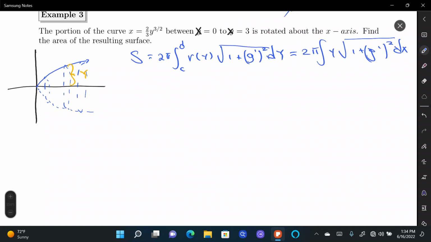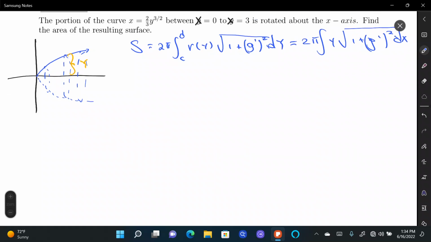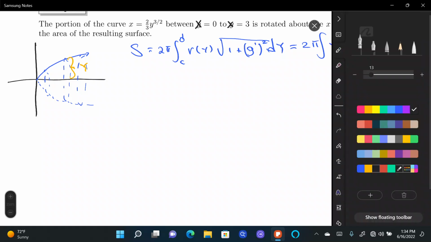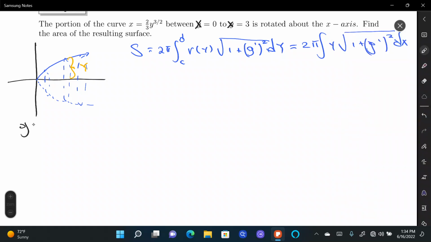Okay, so now what do we need? We need the derivative of the given function. So let me do that on the side. So of course this function x equals 2/3 y to the 3/2 is the same as saying g of y equals 2/3 y to the 3/2. So we take the derivative of this function, g prime.